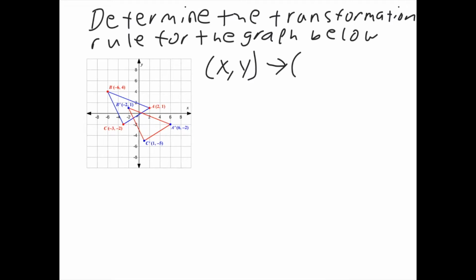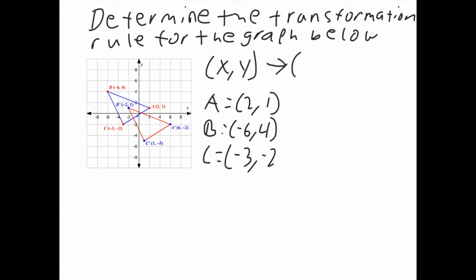So to start this, let's write down what points we have. So we have A is the point 2, 1, B is the point negative 6, 4, and C is the point negative 3, negative 2.